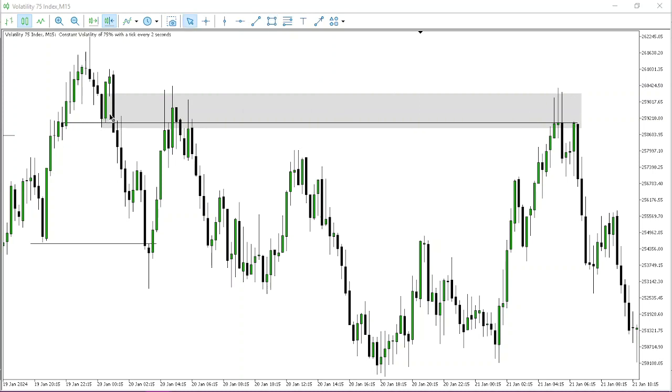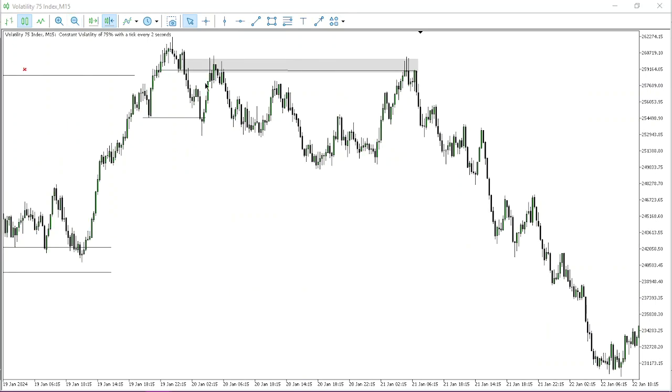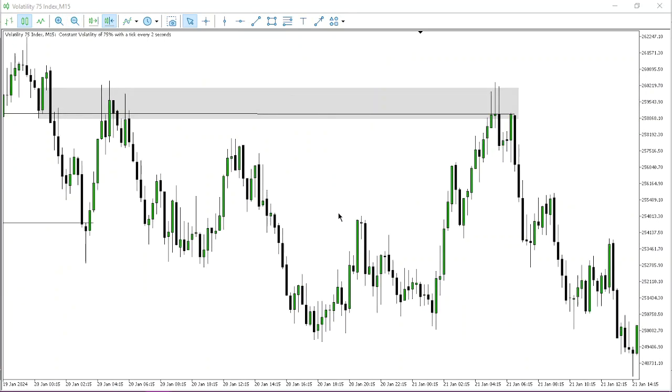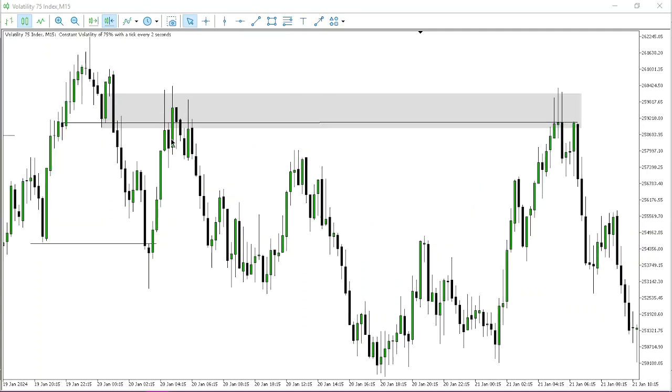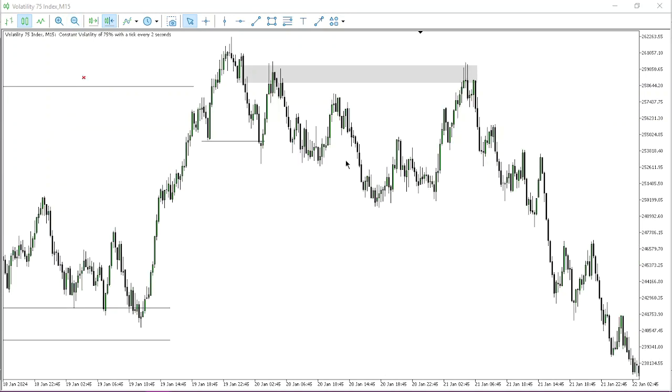With this type of refinement, you're not reducing the high time frame PD array to a small area; it's still in the same area as the 1 hour order block. Say if you remove that, it's now refined to a lower time frame PD array.